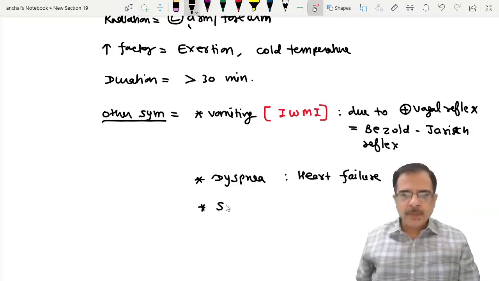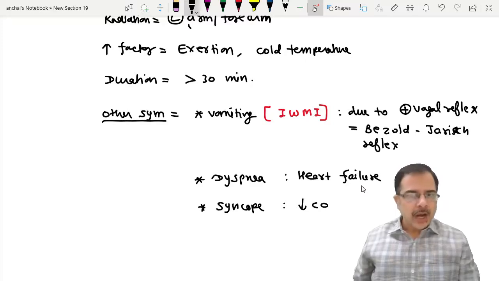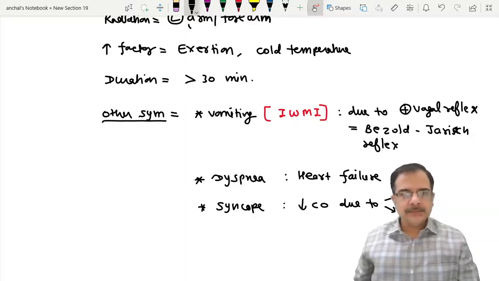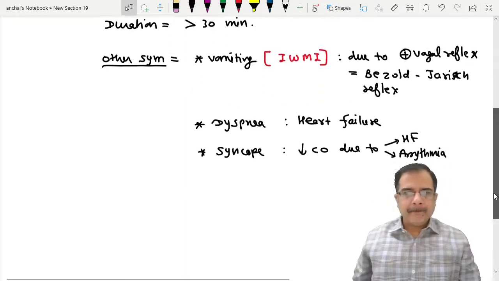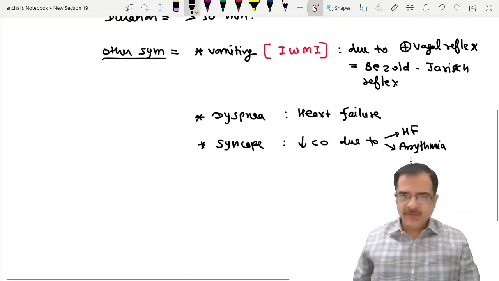Patients can have syncope, and syncope is basically due to decreased cardiac output, which can be because of heart failure, some arrhythmias which can be triggered, or AV blocks. So decreased cardiac output due to either heart failure or arrhythmias, which can occur in myocardial infarction.